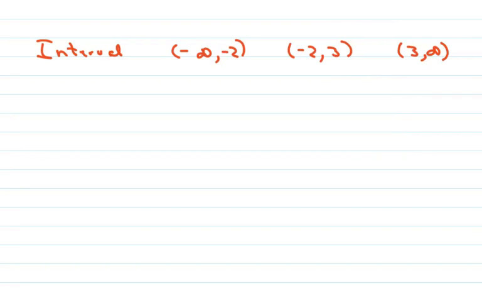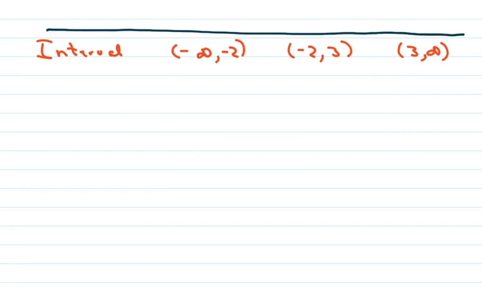The reason I did that is because I have a vertical asymptote at -2 and one at 3. So I want to see what the behavior is from negative infinity to -2, what's going on between -2 and 3, and what is going on on this side of the graph from 3 to infinity.